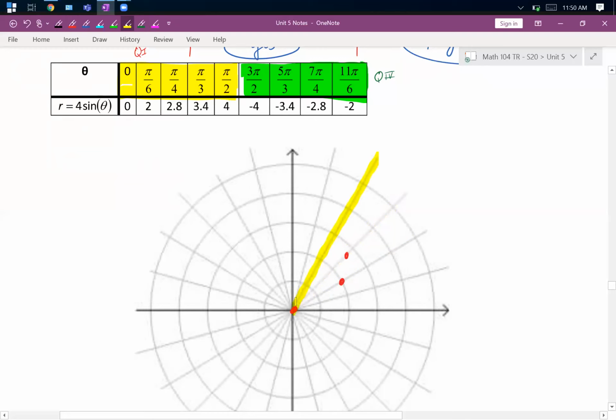So here's pi over 3, and now we want to go 3.4 rings out. And then pi over 2 tells us to go 4 rings, right there. Questions on plotting any of those 5 points?